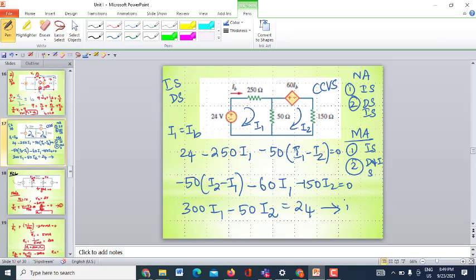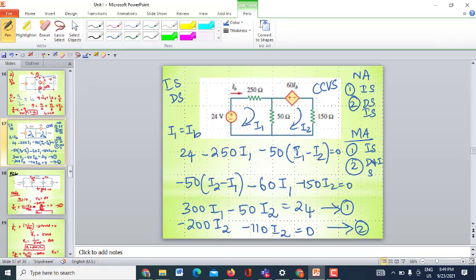This will be the first equation. What about the second equation? Minus 200 I2, minus 50, minus 110 I2 is equal to 0. This will be the second equation.